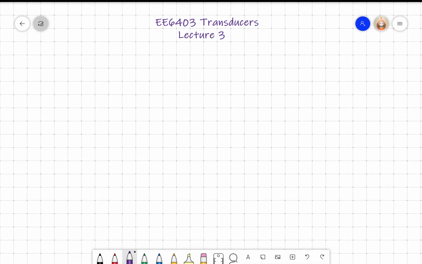We learned about characteristics of transducers: resolution, full scale, sensitivity, the proof range or overload factor, then the accuracy of the transducer. A transducer output can have two types of errors. That's what we learned.